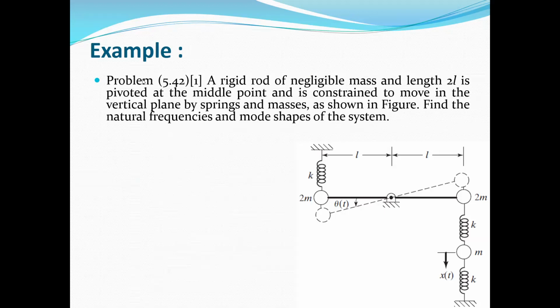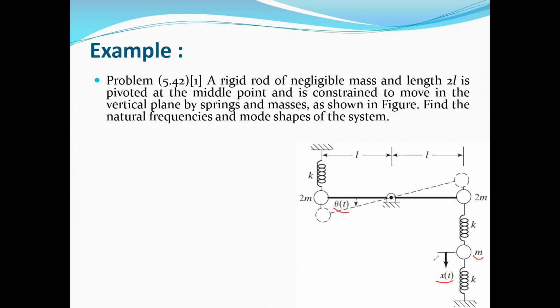In this example, we will use theta and x as the degrees of freedom, or the generalized coordinates. Theta is the rotational degree of freedom of this rod in the counterclockwise direction, and x is the vertical displacement of this mass m.